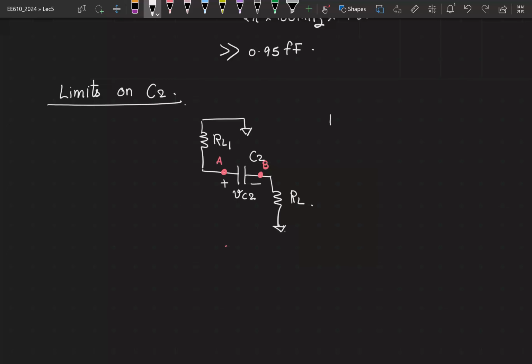So that is RL1 plus RL. Now your C2 has to be much greater than 1 by omega n into RTH.